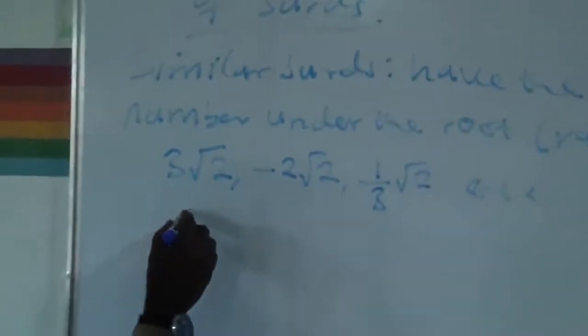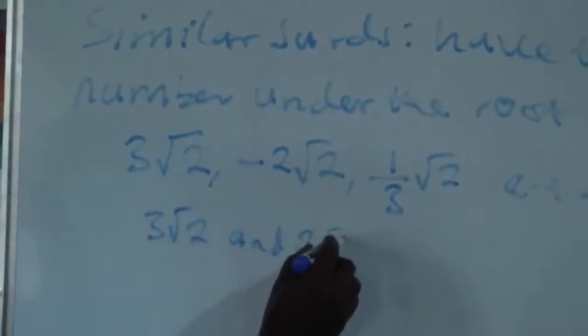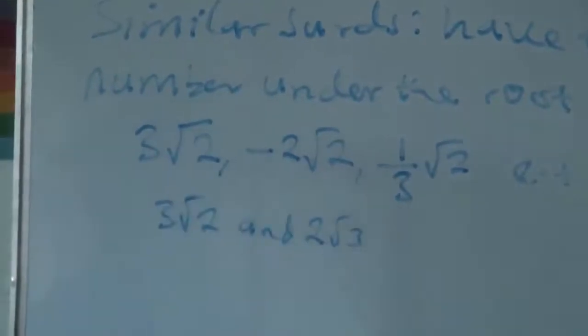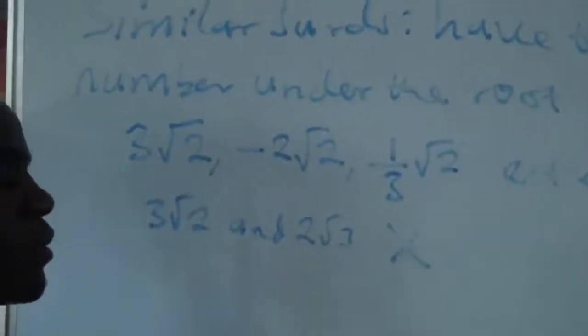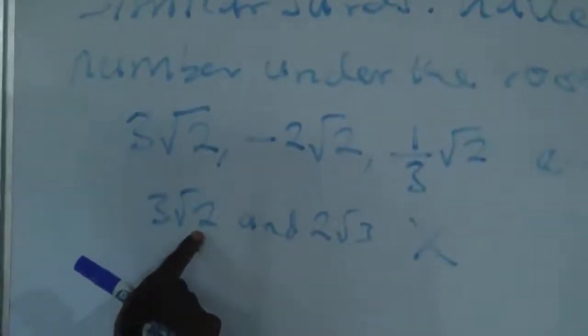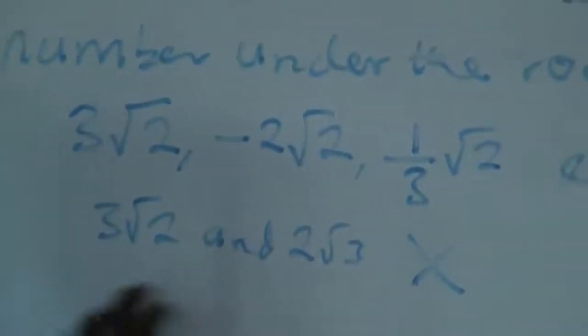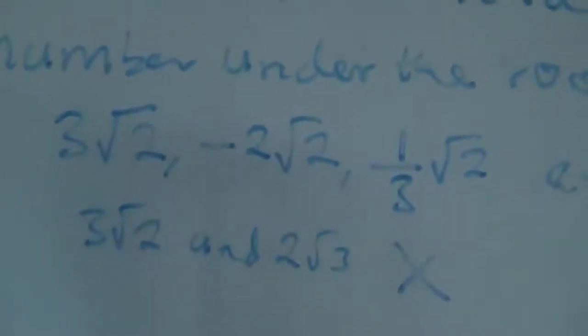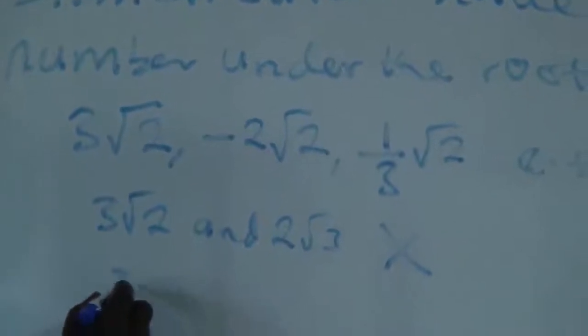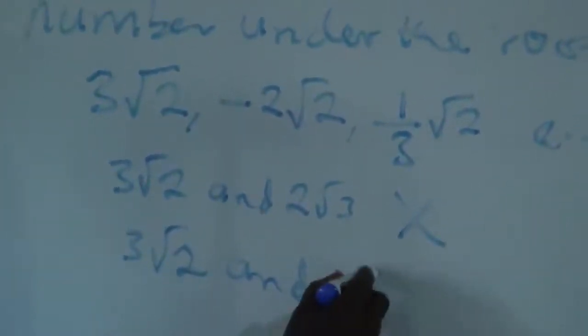But if I have 3 root 2 and 2 root 3, can these be similar surds? No, these are not similar surds. Reason being that here the number under the root is 2, and the number under the root here is 3. So you cannot add or subtract these surds. Somebody will say, what of 3 root 2 and 3 root 3?